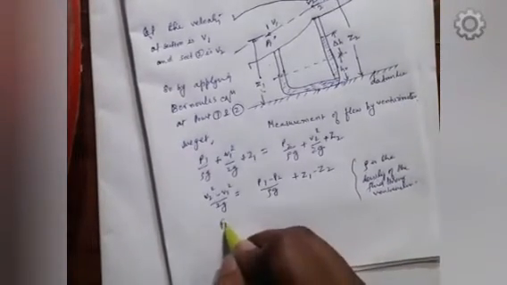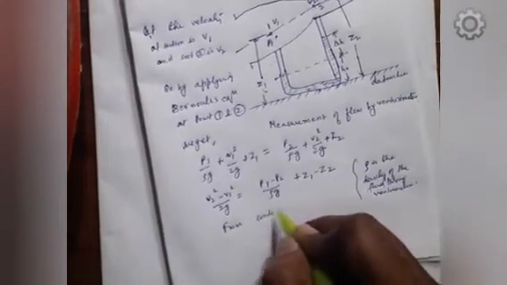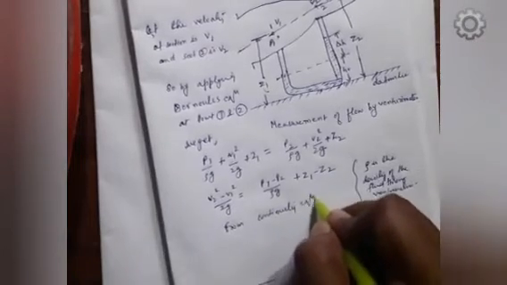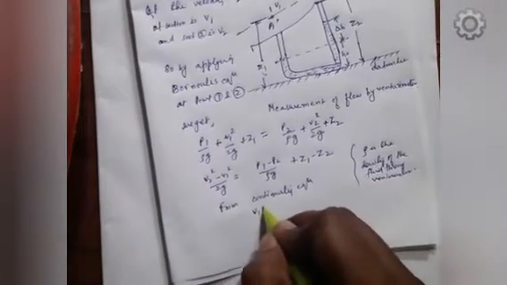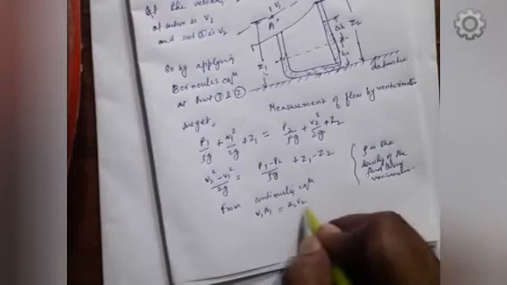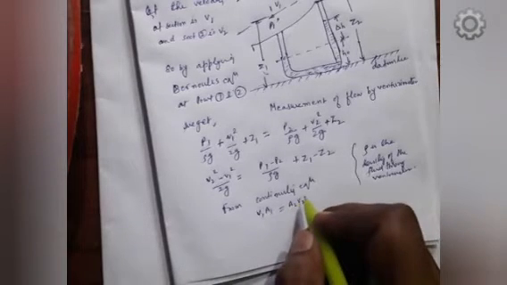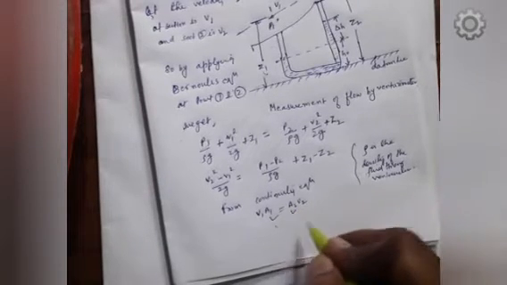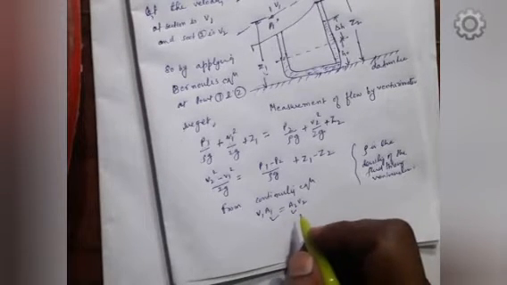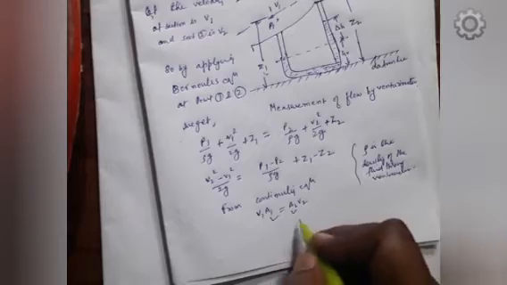Now from the continuity equation, A1 V1 equals A2 V2, where A1 and A2 are the cross-sectional areas at points 1 and 2. Here the cross-section is A1, and here the cross-section is A2.